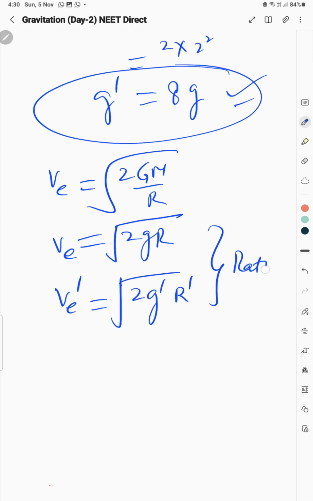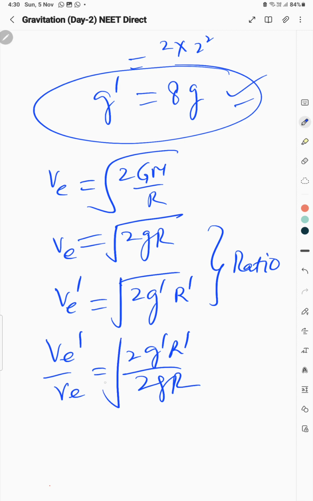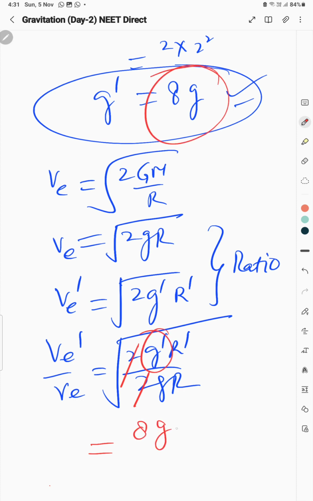Take the ratio. VE prime by VE is square root of 2 G prime R prime by 2 G R. You can simplify this. This and this get cancelled. Now G prime as written is 8 times G, so I write 8 times G. Radius of Earth has become half, so I write R by 2. Down under is G into R.